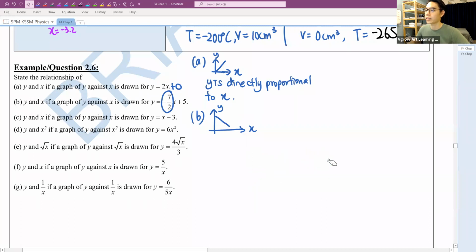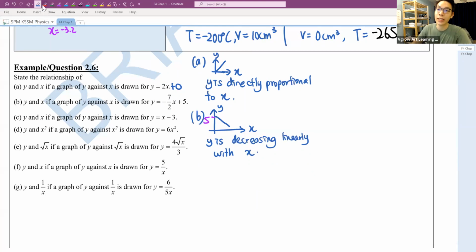So your graph looks like this, okay? If you ask me, this value is 5, because that is the y-intercept, and the graph goes down, negative gradient. So this one we can say y is decreasing linearly. Linear means in a straight line with x.